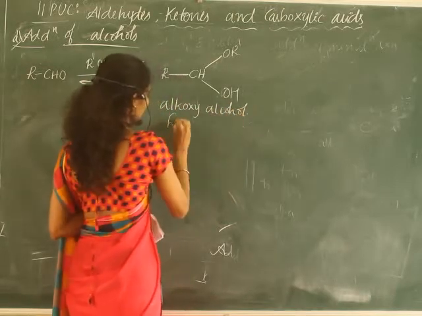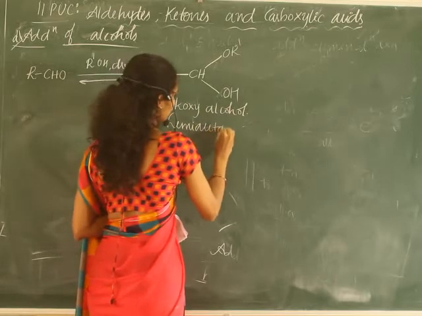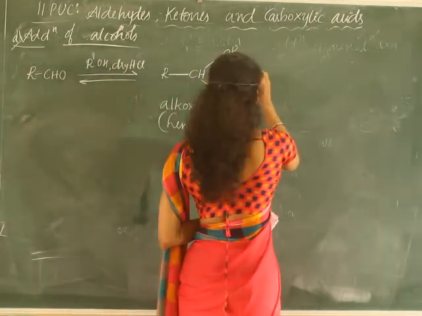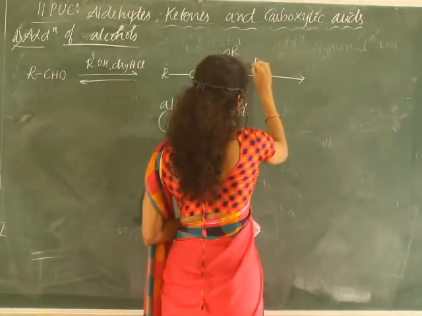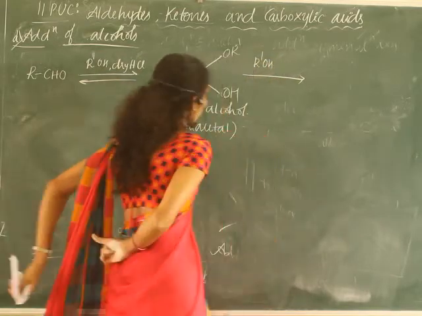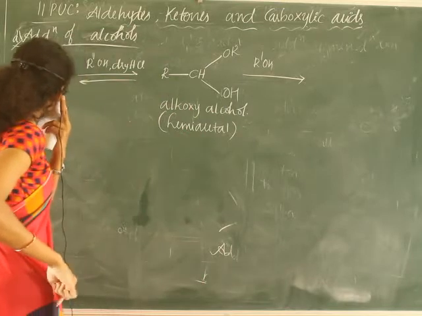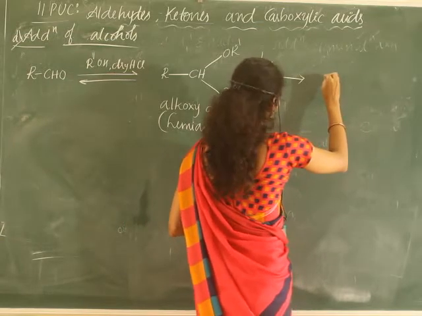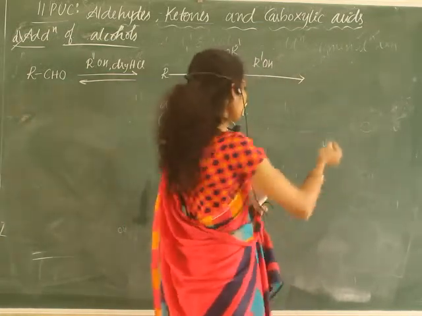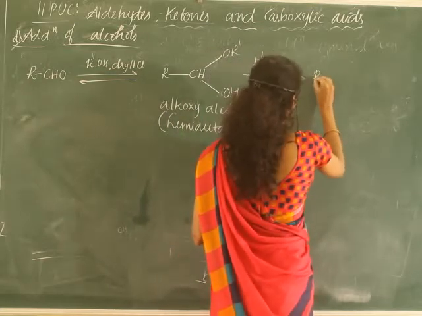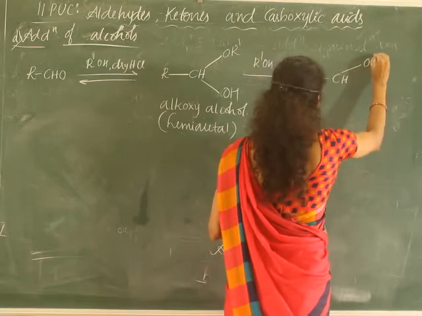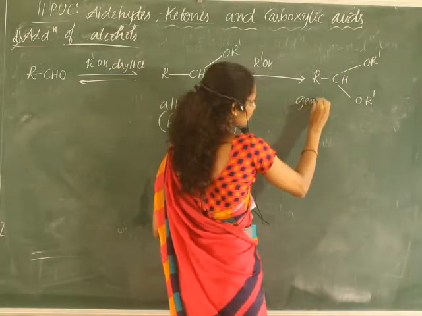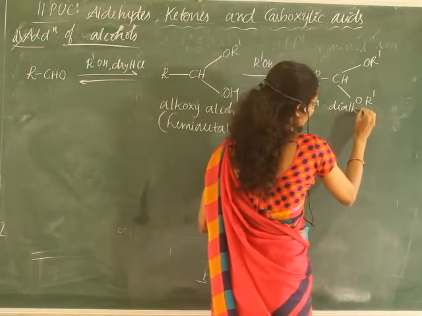Alcohol, that is hemiacetal. Okay. This hemiacetal on reaction with another molecule of alcohol R'OH results in the formation of a dialkoxy compound, that is RCH(OR')(OR'), a geminal dialkoxy compound.